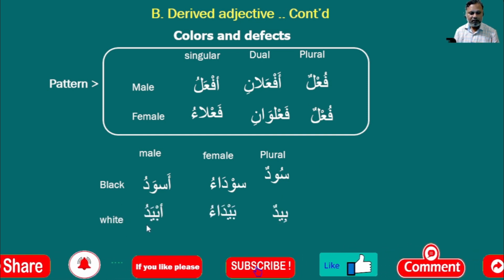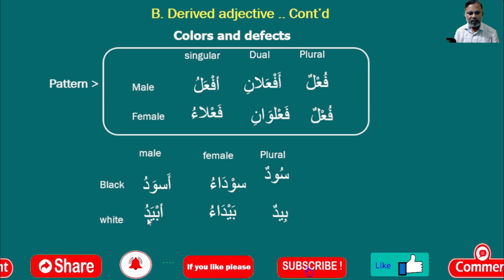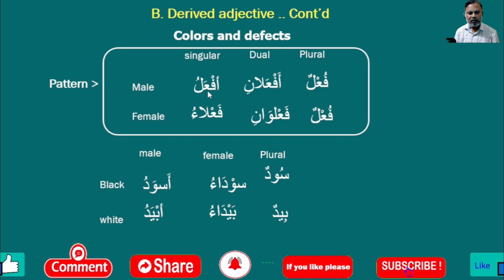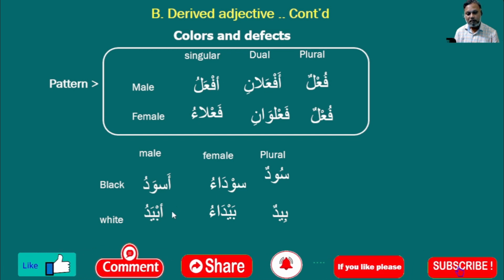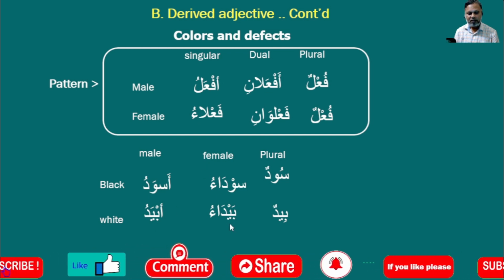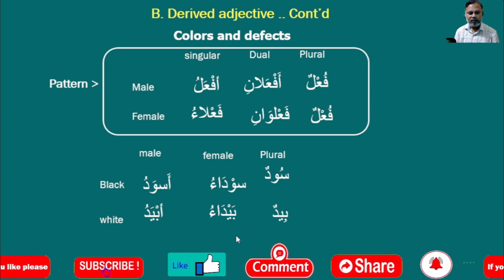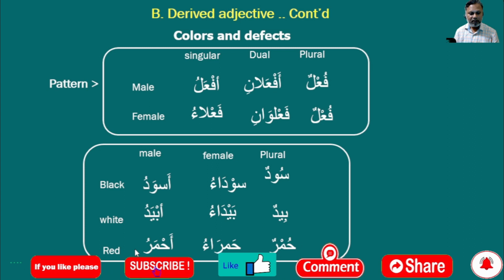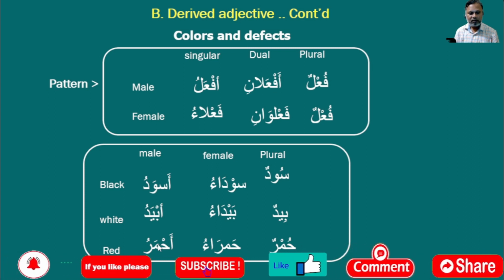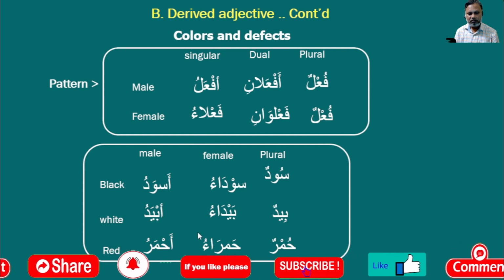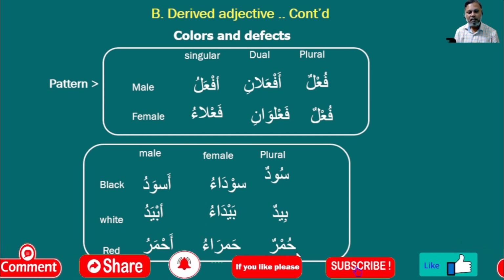The white is abyadu, just following this pattern, af'alu, abyadu. And the female is bayda'u. And plural is bidun. And for red, ahmaru for male, and female is hamra'u, and plural is humrun.